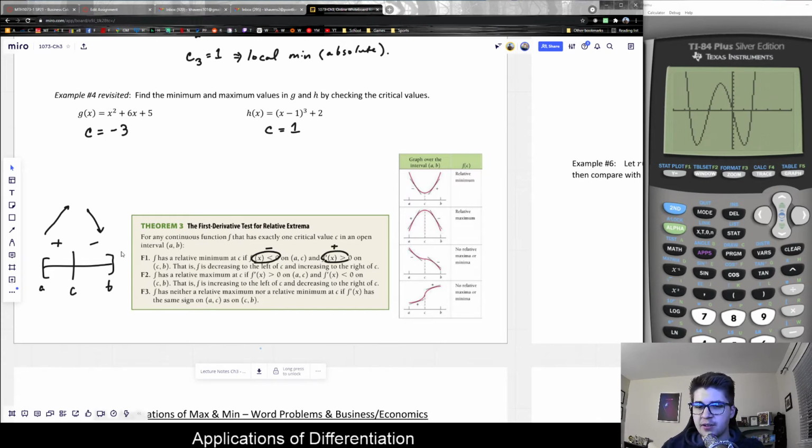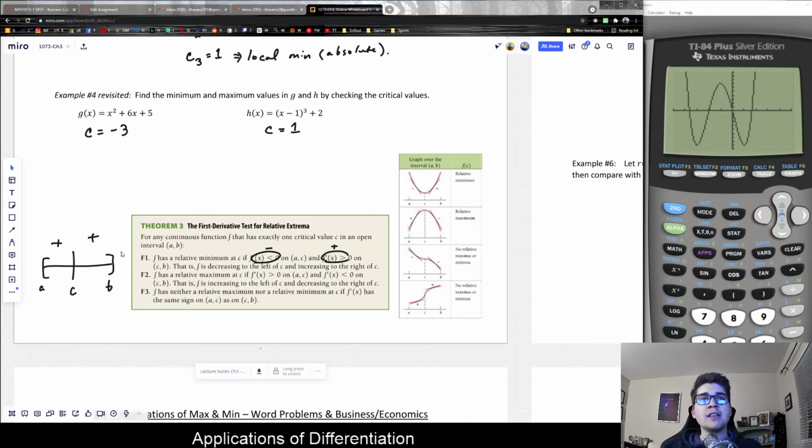For example, it could be positive on both sides, which just indicates that it does hit a critical value, a flat point in between, or a weird point where the derivative is 0 or undefined, but it won't necessarily correspond to a min or maximum value. In some contexts, those are called saddle points, but that's usually in a three-dimensional context.